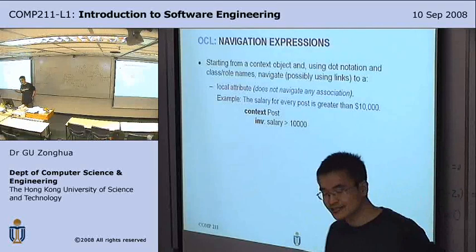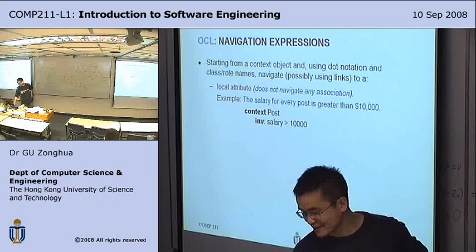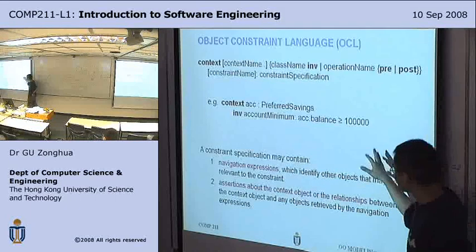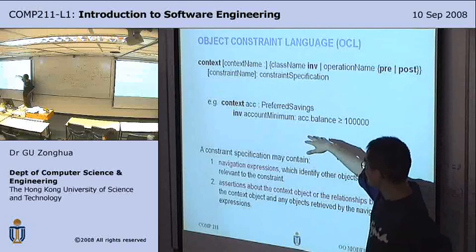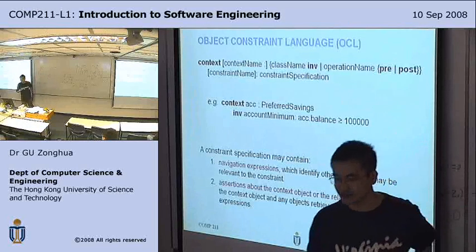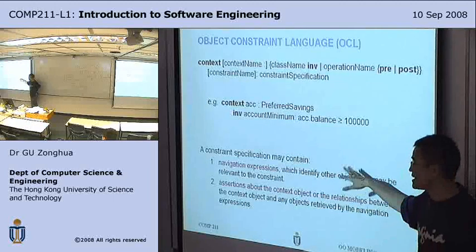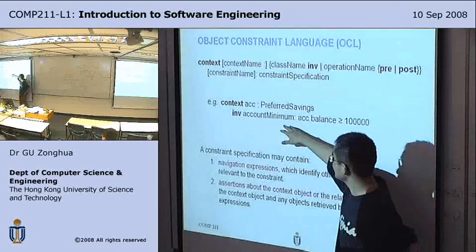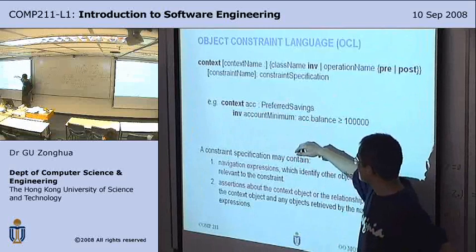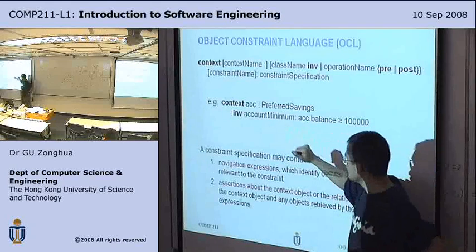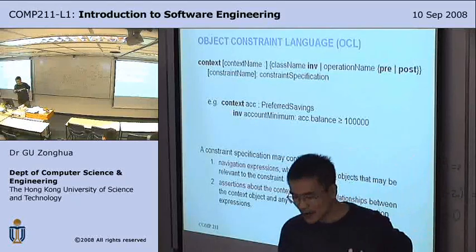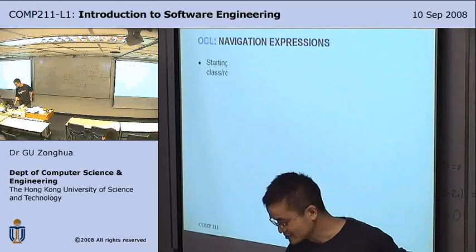So this is actually a simplified notation. If you look at the previous example, it says the same thing, right? Context account, and then you have account.balance greater than or equal to 100,000. So you can really simplify it by removing the ACC from here, removing it from here, and removing the constraint name, so that you get context PreferredSavings invariant balance greater than or equal to 100,000.